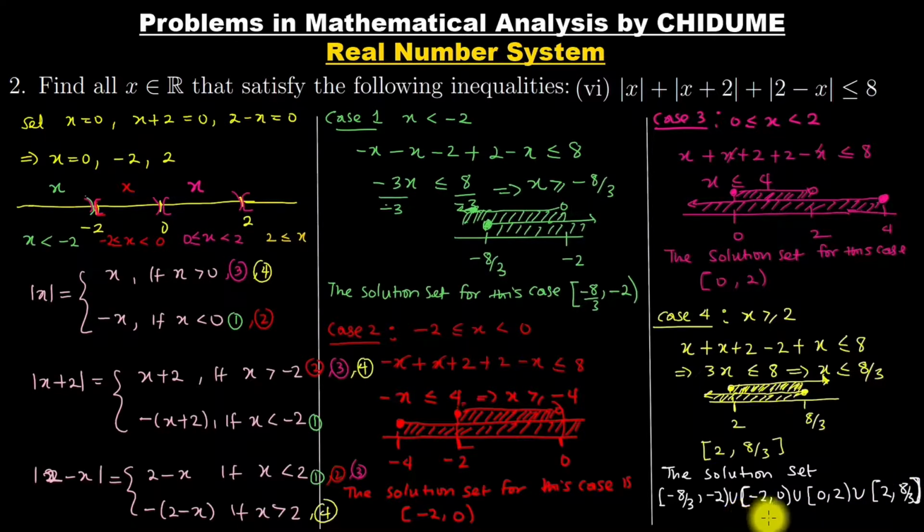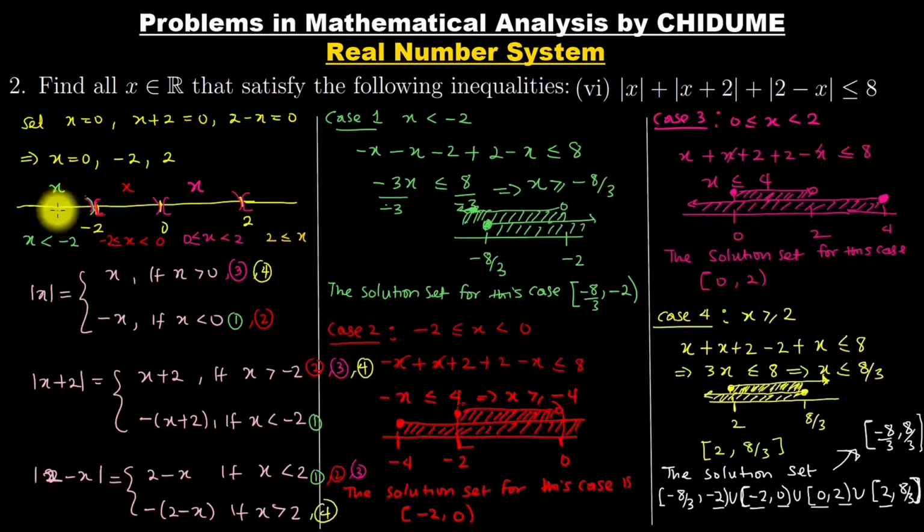So meaning that the solution set for this graph is just going to be what? This is open here, this is closed here, this is open here, this is closed here, this is open here, this is closed here. That means the solution set is just going to be negative 8 over 3, comma 8 over 3. So that is the solution set for this graph.